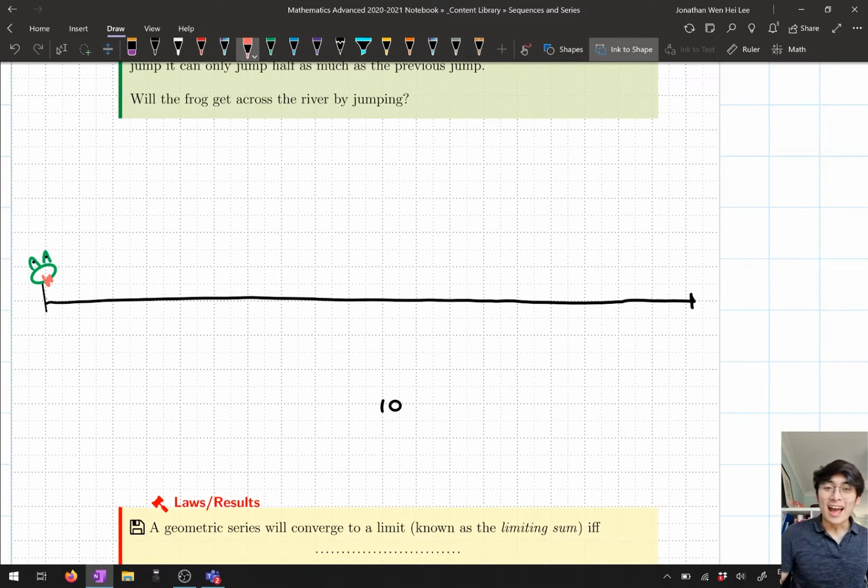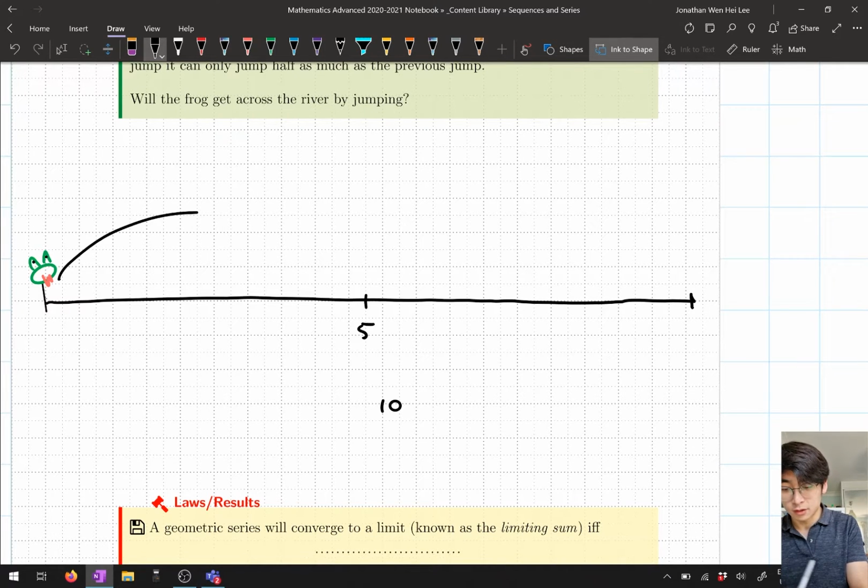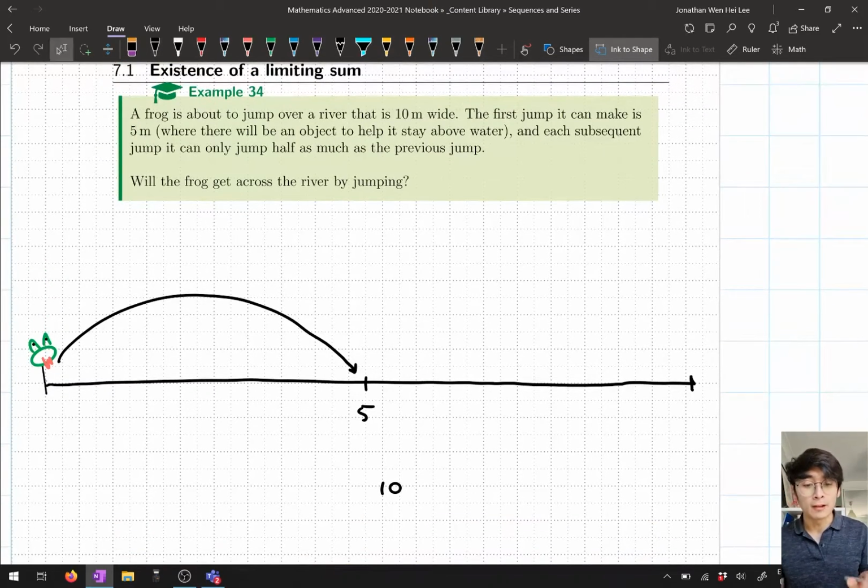We've got a frog, and it's trying to jump across this river. And so the first jump that it makes, it goes halfway, roughly about here, I believe, to 5 meters. And so it jumps to 5 meters, and then it follows this pattern where each following jump is just going to be half as long as the previous one.